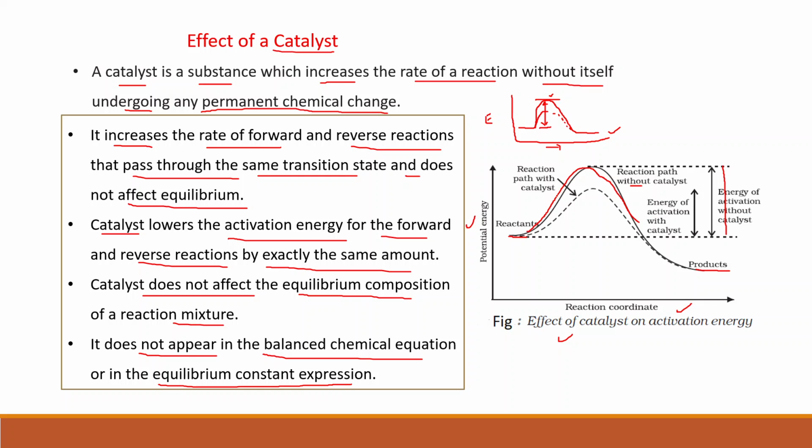And when we add the catalyst, it will follow a different path, the reaction path with the catalyst, this one. Now in this case, this is the lower energy of activation. So we can say in the presence of catalyst, the activation energy for both the side reactions is decreased. So equilibrium is achieved earlier.